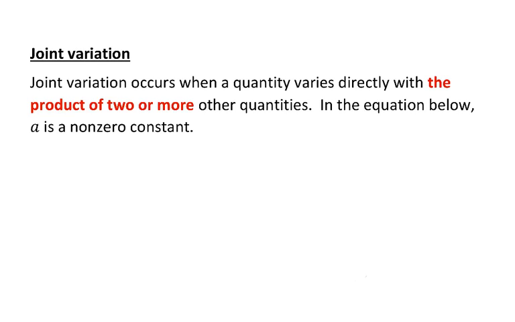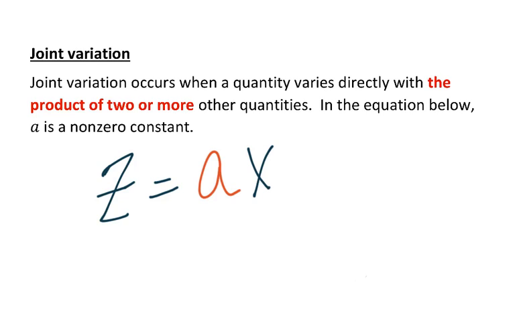So I could tell you that z varies jointly and I know I need a constant of variation. And if it varies jointly with, say, x, but inversely with y, I can write it that way. So you'll notice that the joint variation is this component here. Z equals a times x. But the inverse variation is z equals a divided by y.